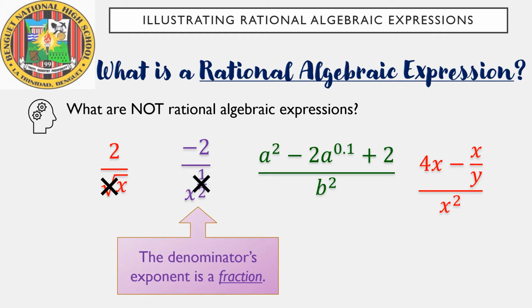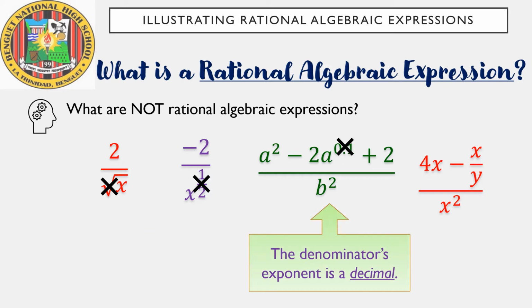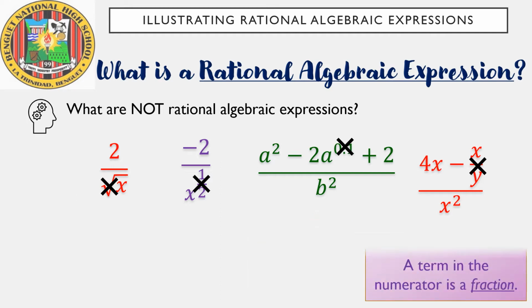For the third example, again, it's the exponent of a, which is a decimal. And for the last expression, it's the term in the numerator, which is a fraction. All of these are not supposed to be found in polynomials. Therefore, they should not be seen in RAEs.